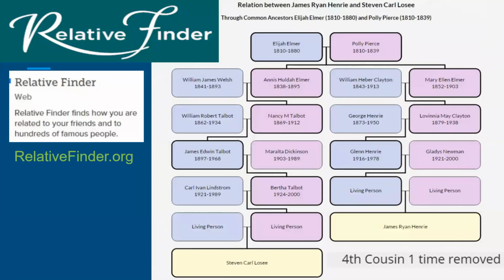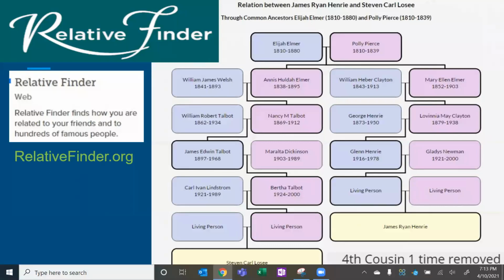This is a neat story because I was working with Stephen Losi, who's in my ward. He and I were sitting next to the computer, and he'd been in the ward for several months, and we did Relative Finder together and found out we're fourth cousins. His parents and I are fourth cousins, which is crazy. That's so close.